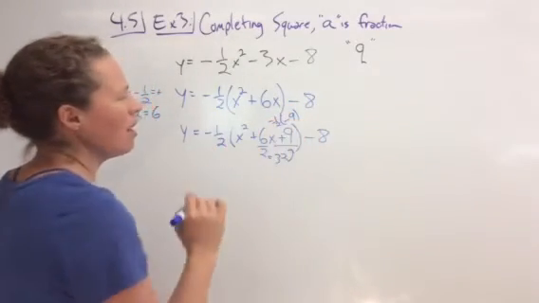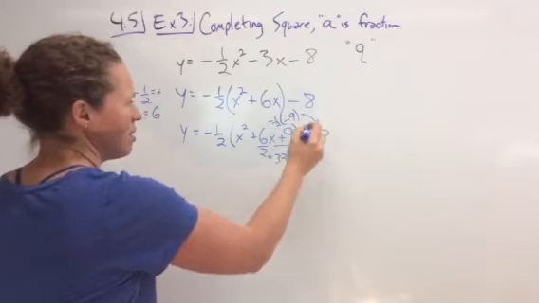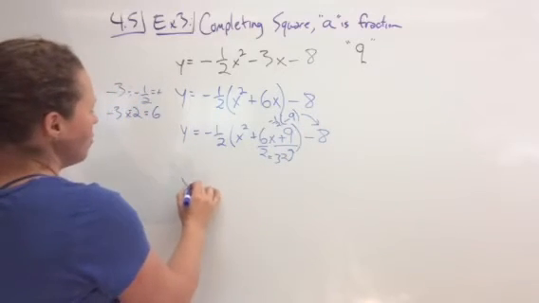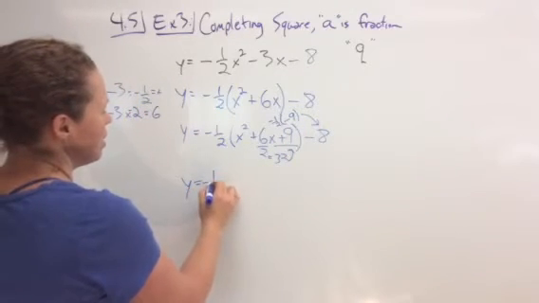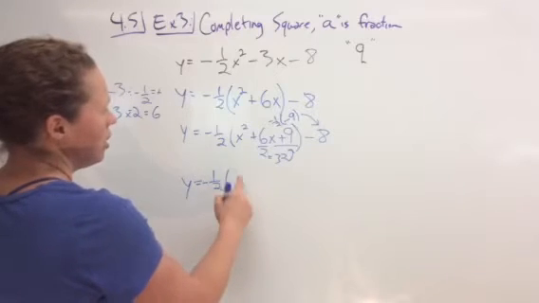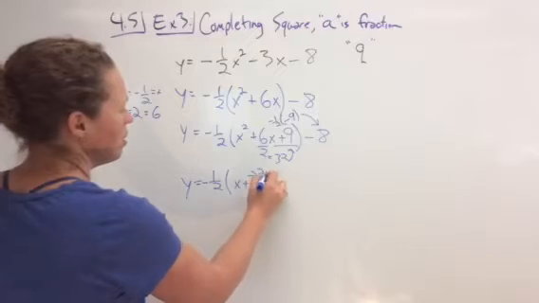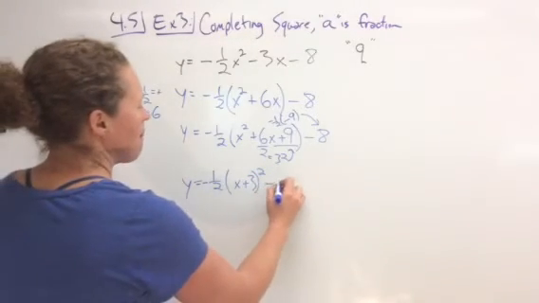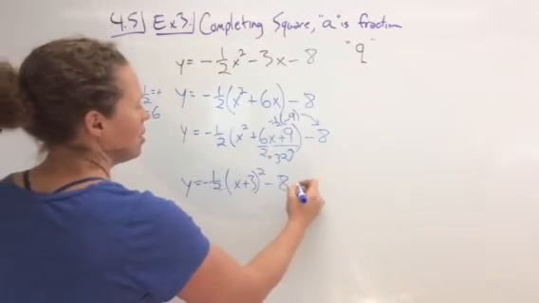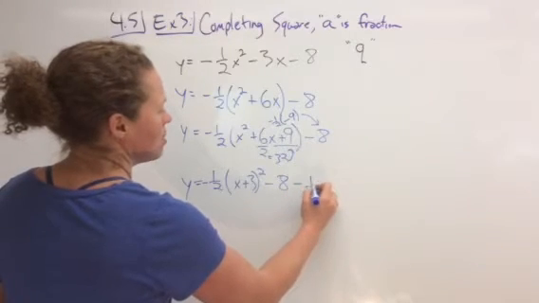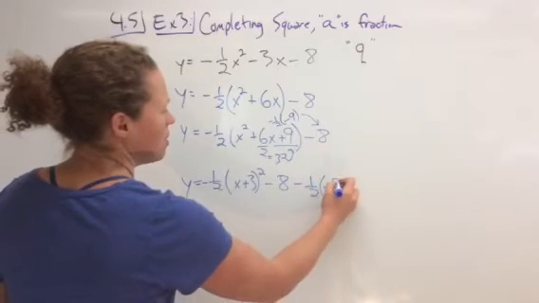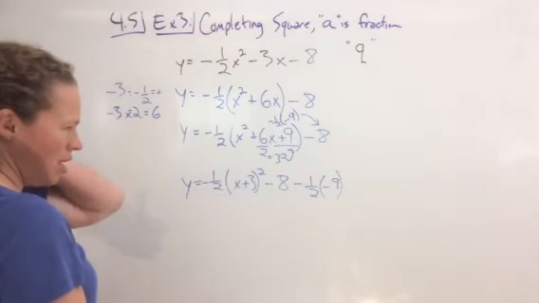So not entirely gone, but close, and then that has to go out there. So now we've got y equals negative 1/2. I can take my x plus 3 out of here and use my completing the square. Still got my minus 8, and then I have minus 1/2 times negative 9 to deal with.